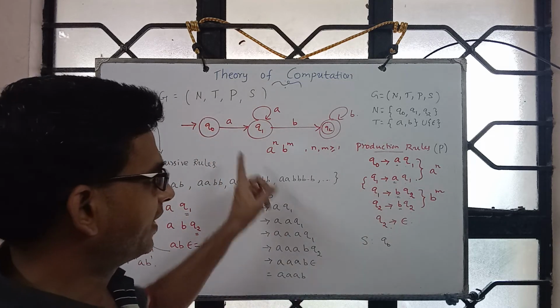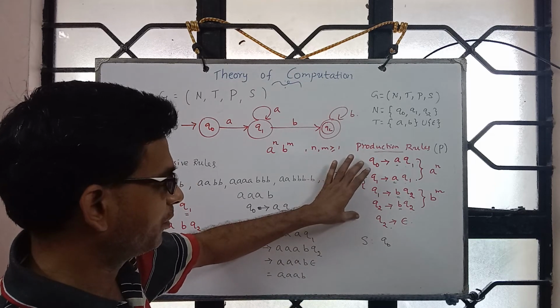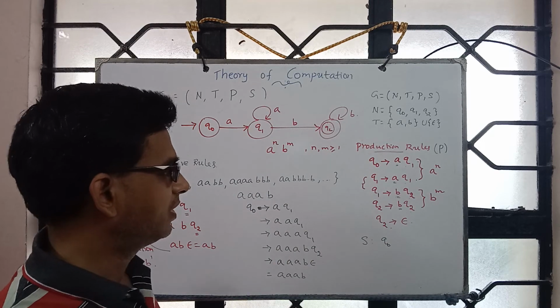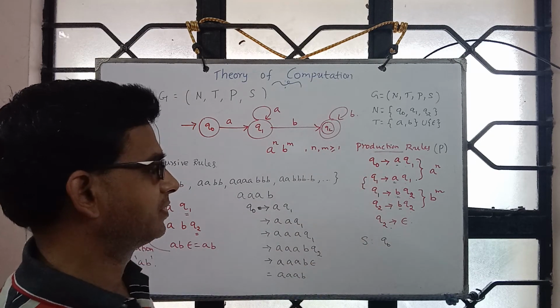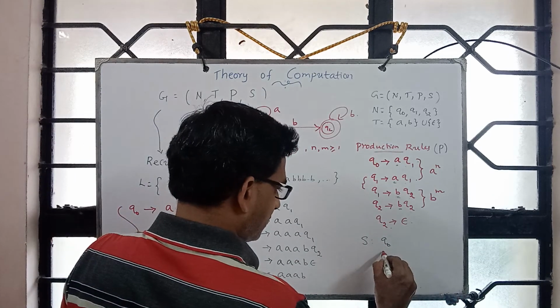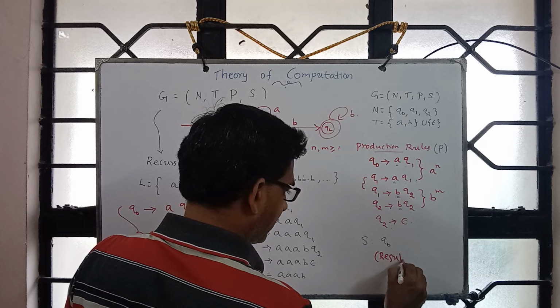Always you get to see a terminal followed by a non-terminal. This is what you can observe in the production that you get out of the automaton. These grammars, this production rule and this grammar, are also called regular grammars.